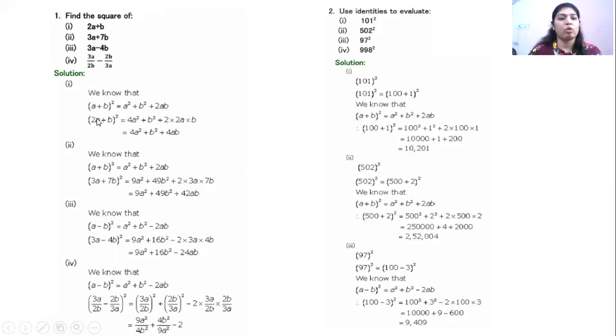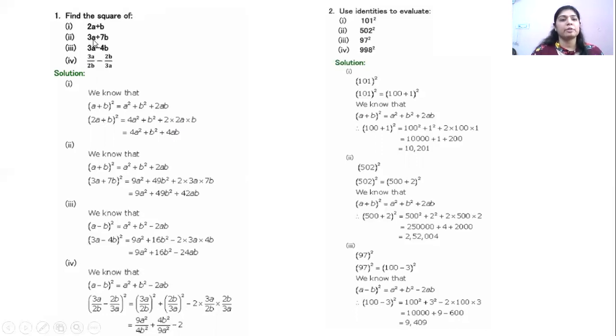Then apply the value of a, which is 2a, b as it is. Then it will give you (2a) whole square plus b whole square plus 2 into 2a into b. And it becomes 4a square plus b square plus 4ab. 2 into 2 is 4, a into b is ab, 4ab.